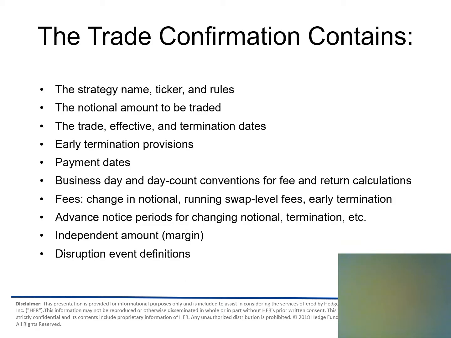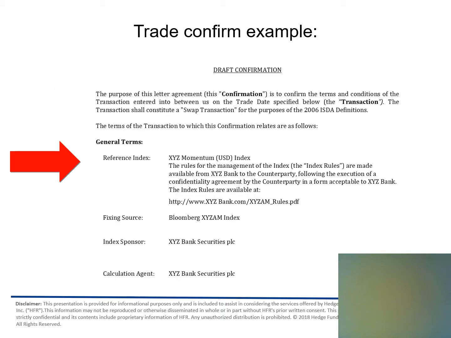The key terms listed in a confirm are the strategy name, ticker, and rules, the notional amount to be traded, the trade effective and termination dates, early termination provisions, payment dates, business day and day count conventions for fee and return calculations, the fees, change in notional, running swap level fees, early termination, advance notice periods for changing notional, termination, etc., the independent amount, which is the margin you have to post with the bank, if any at all, and disruption event definitions. So let's step through an example of a trade confirm.